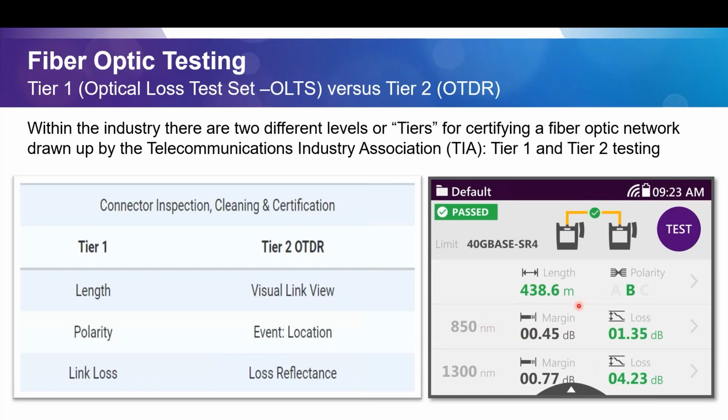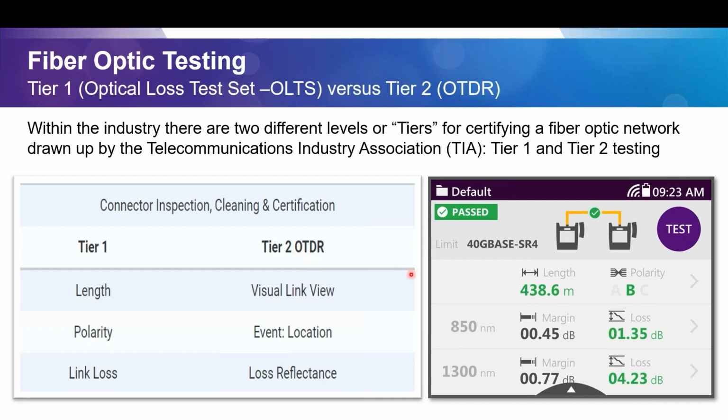If anything on here failed, if our loss budget was above what we put in, and it failed, we can't really tell where that failure occurred with a tier 1 tester, with an optical loss test set. In that case, we've got to switch to a tier 2 device, which would be like an OTDR.